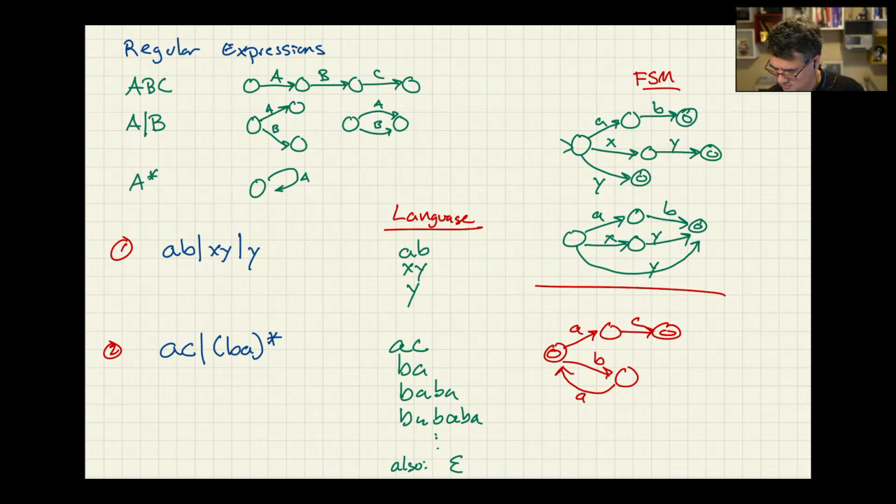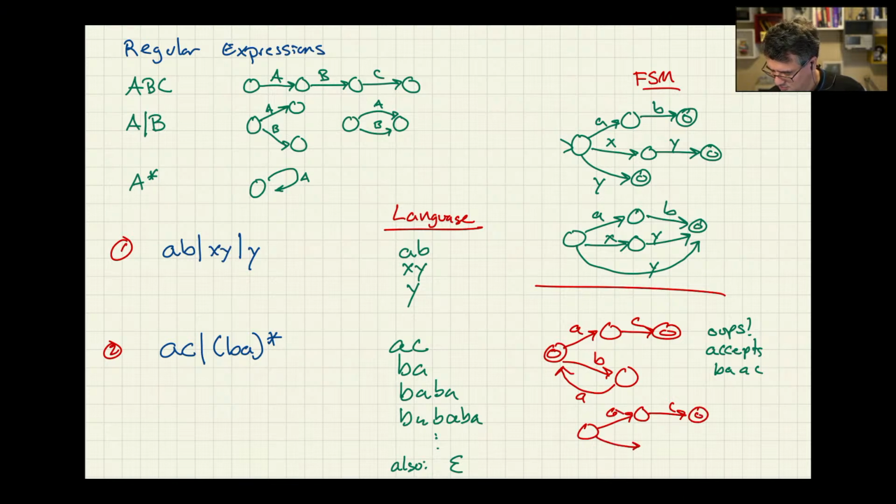You could take the BA branch at the bottom and not initially loop it. So it could go B to A, and then from that final A, you could have another BA loop that returns to it.